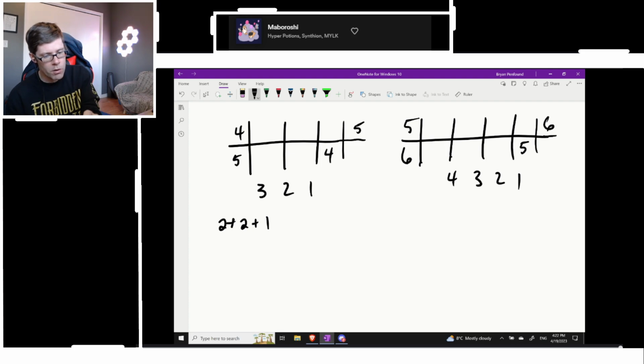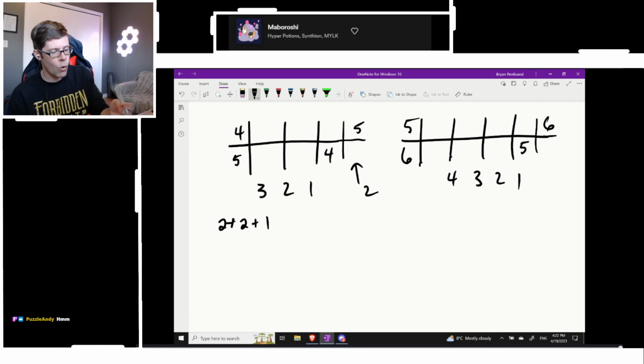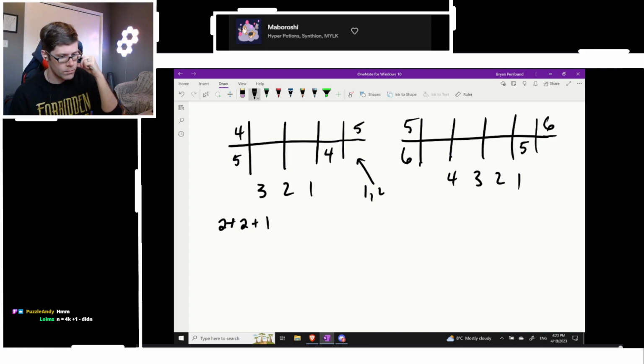I think we can also probably argue that 2 is never allowed to go in here as well, right? We can probably make that argument, couldn't we? So this corner here, we can never put 1 or 2.